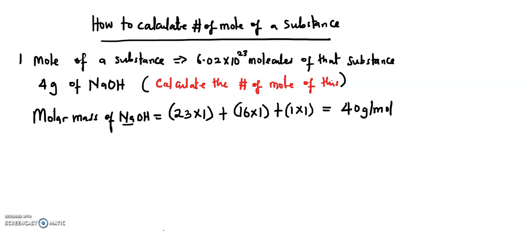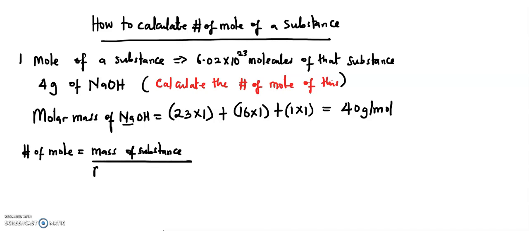Now to calculate the number of mole, number of mole will be equal to mass of substance, in this case sodium hydroxide, divided by molar mass. And we are given the mass to be 4 grams right here.